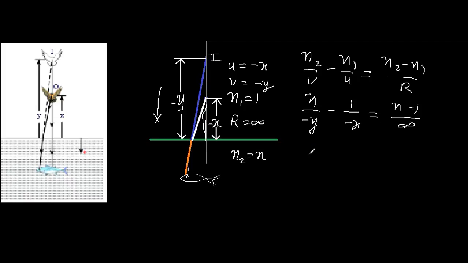Therefore, minus N by Y plus 1 by X equals 0. N by Y equals 1 by X. Therefore, Y equals NX.